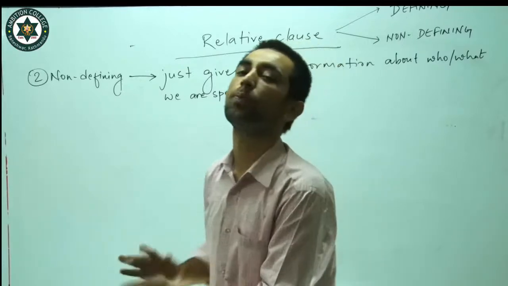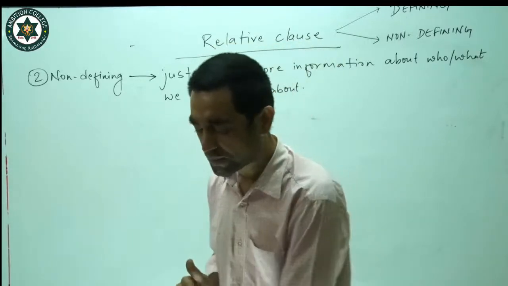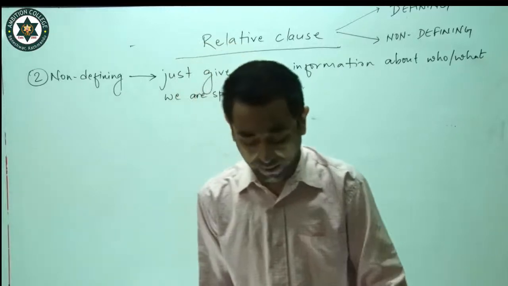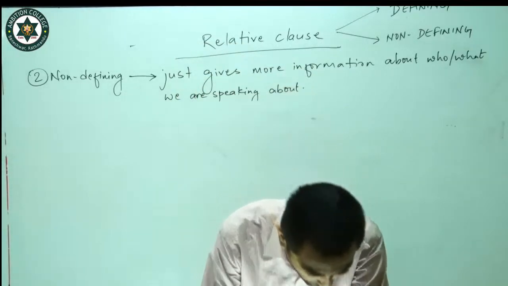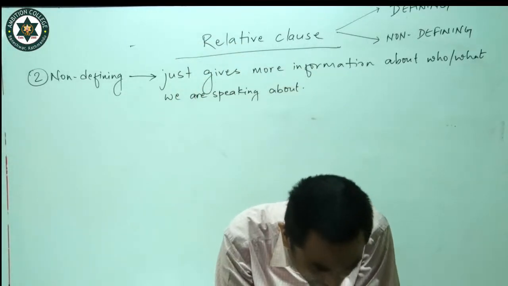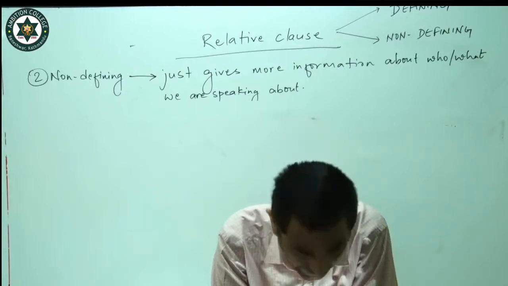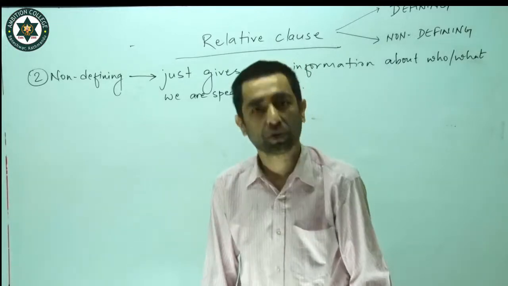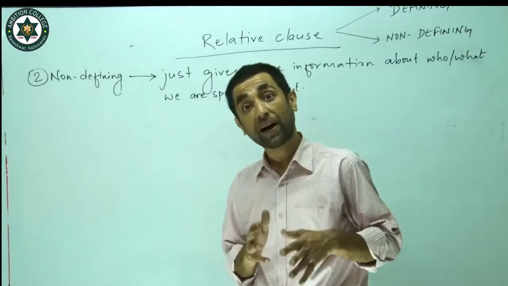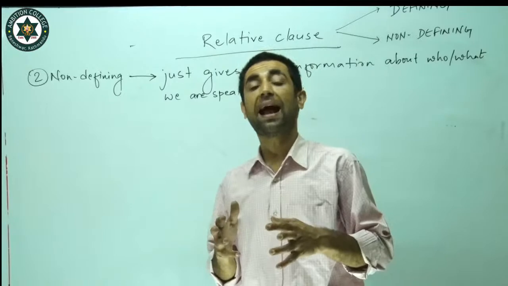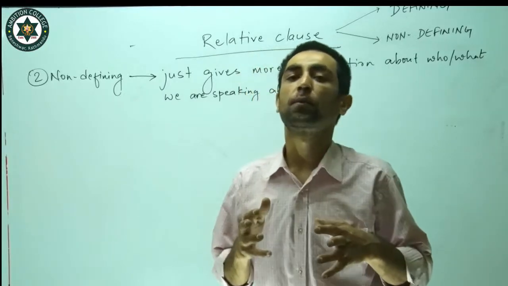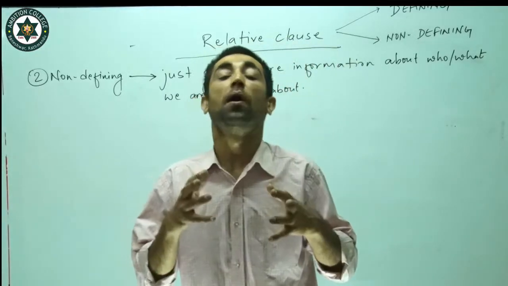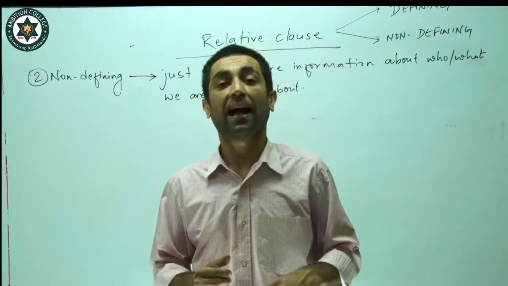So now how do we provide additional information about the noun we are talking about? In your book, page number 28, it's given in 3, non-defining relative clause. Anna, who had just woken up. We are being provided the information about Anna, but not the defining facts about Anna.